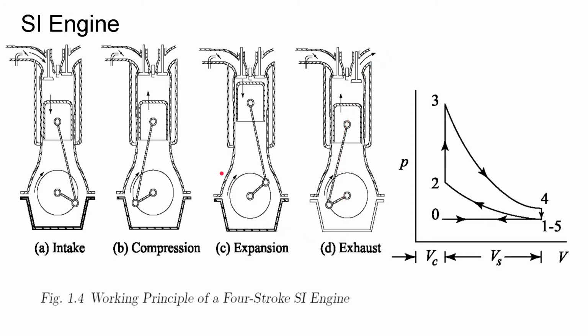So these were the four main processes: intake and exhaust. 0 to 1 is the intake, and 4 to 0 or 5 to 0 is the exhaust. 1 to 2 is called compression. 2 to 3 is not said anything; it's the power stroke or something like that. 3 to 4 is the combustion process or again the power stroke. 4 to 5 is the exhaust or the expansion. 3 to 4, alongside the combustion process taking place, is also called the expansion phase. And then we have the exhaust.